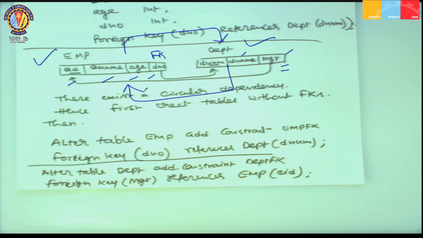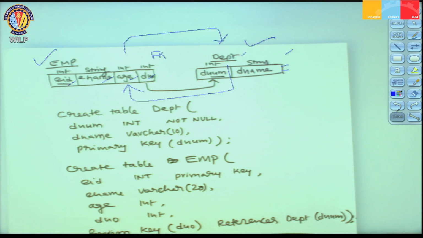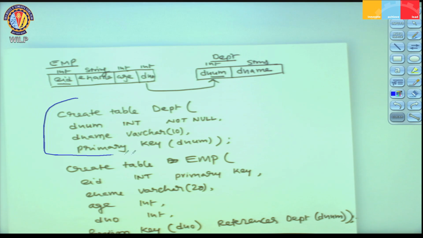In that case, to solve or alleviate this, there is a possibility that first I can define the structure of the tables without worrying about the foreign keys, and later, once both the tables have been created, I can alter the table structure by adding constraints like foreign key at a later point of time. In this case, I can create the department table, it will not create any problem because the primary key can always be set.